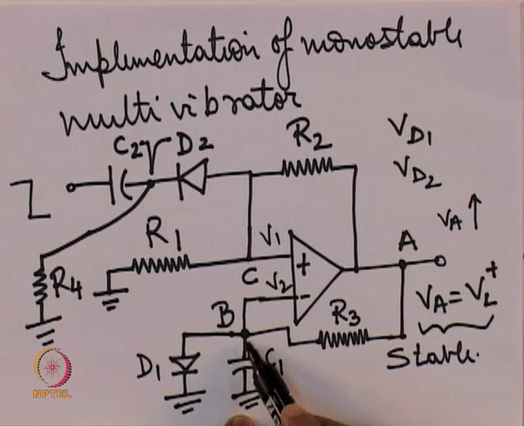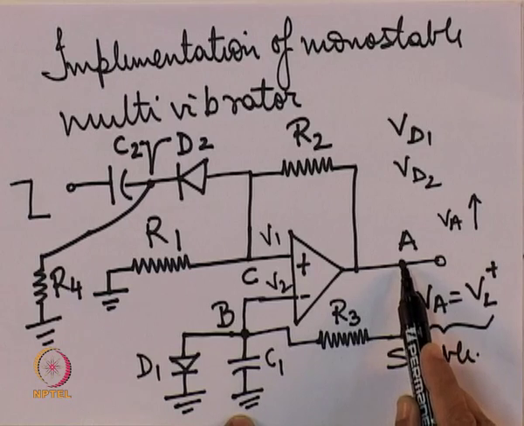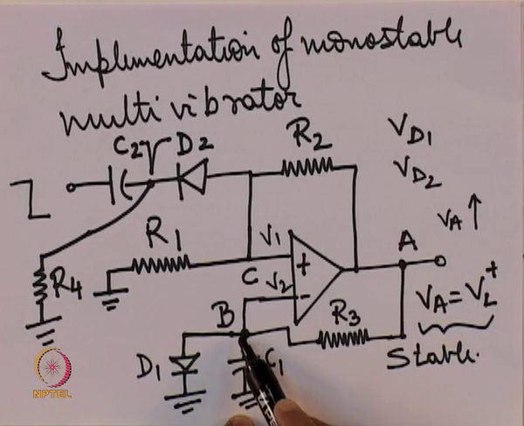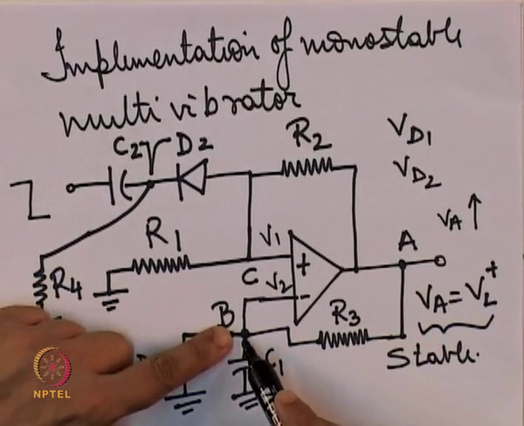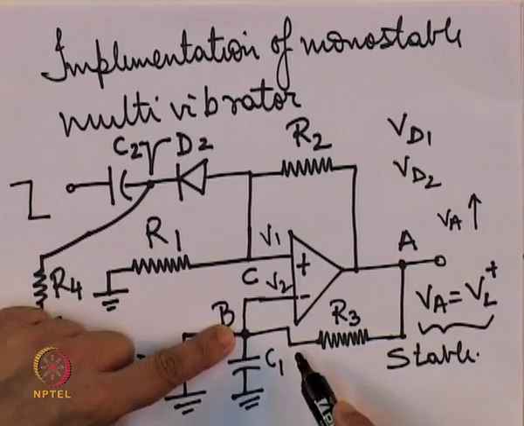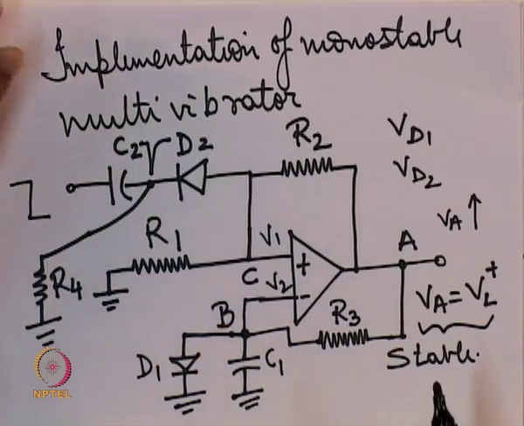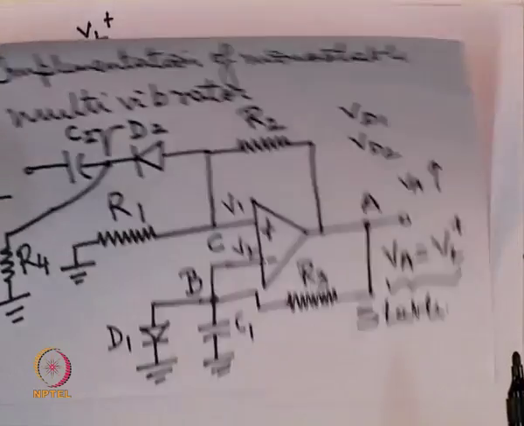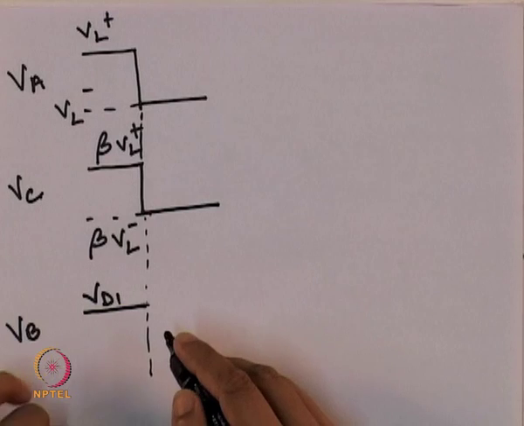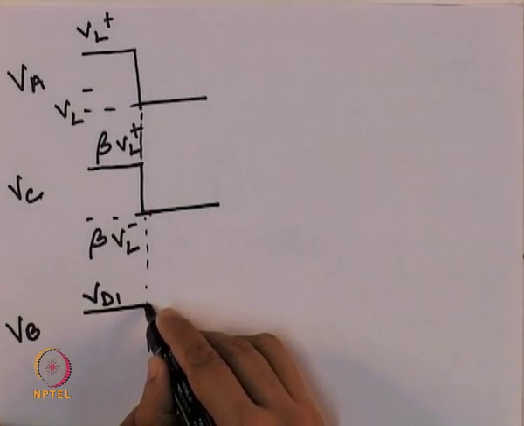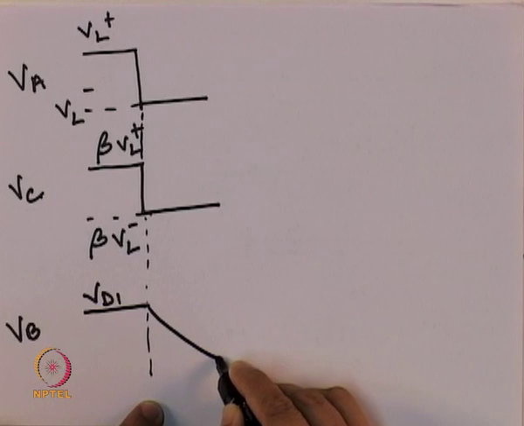Therefore, once this voltage becomes equal to VL minus, it will cause the voltage at B to go down, because this is very negative. So it will drag down the voltage to a lower value. So then VB will be dragged down like this.